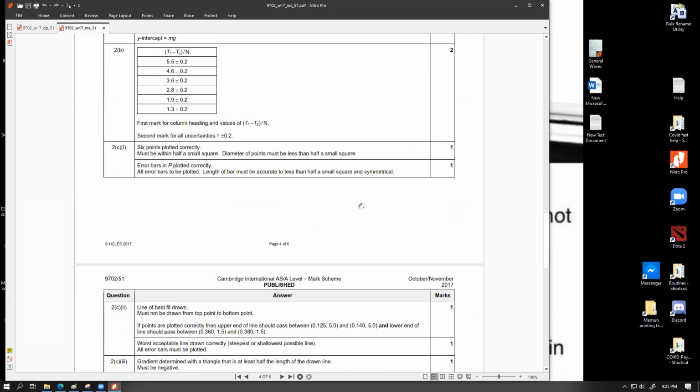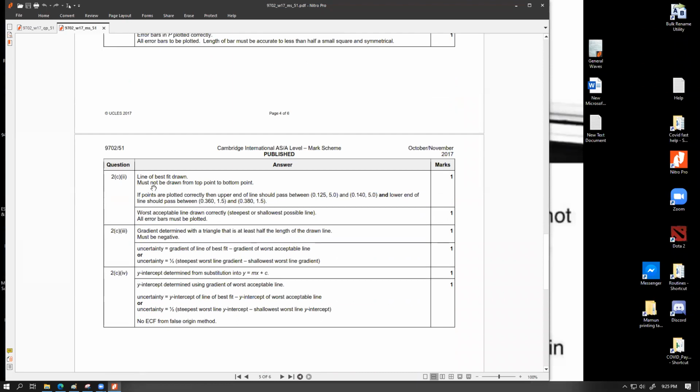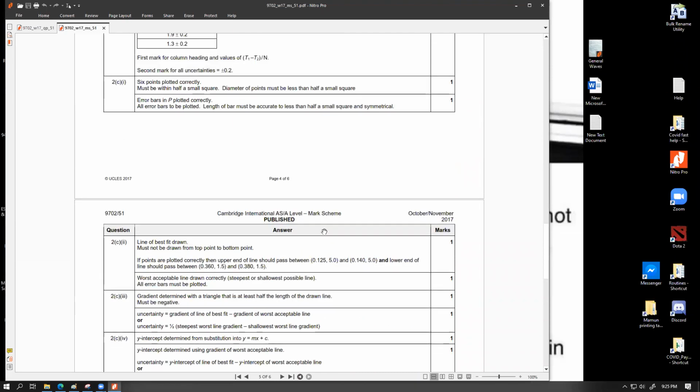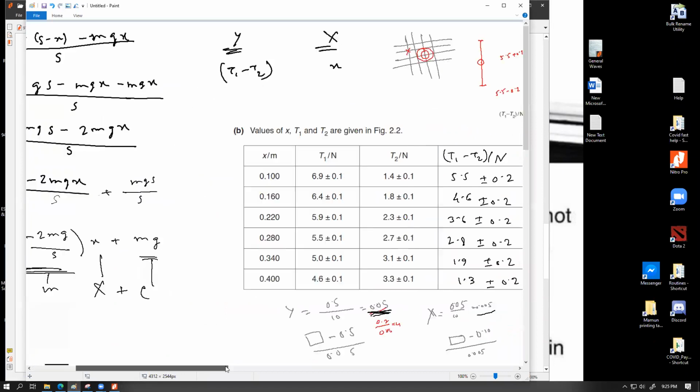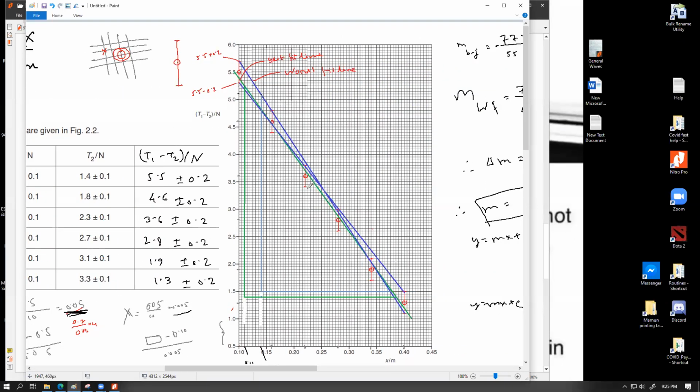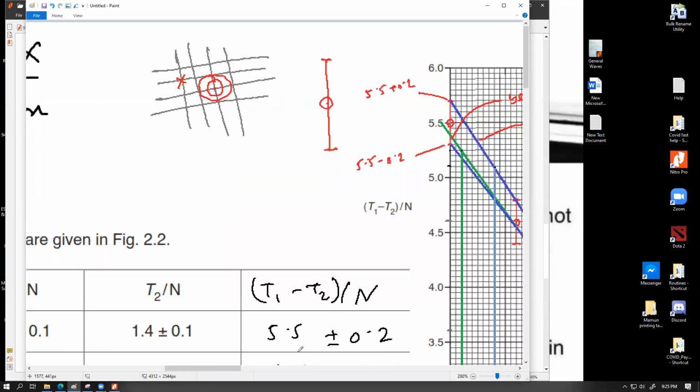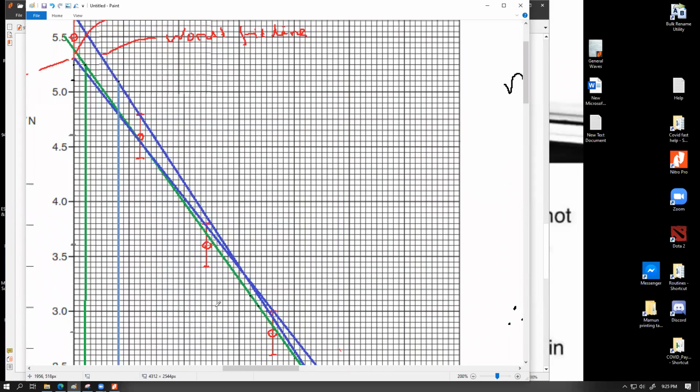We will get these passes. 2C says line of best fit drawn. Sir, would the circle we draw over the points not be considered? No, the circle is not the dot. The dot is the central dot. What I mean is you cannot make a blob over here. Notice how I drew the points: with a sharp dot at the center and a sharp circle around.